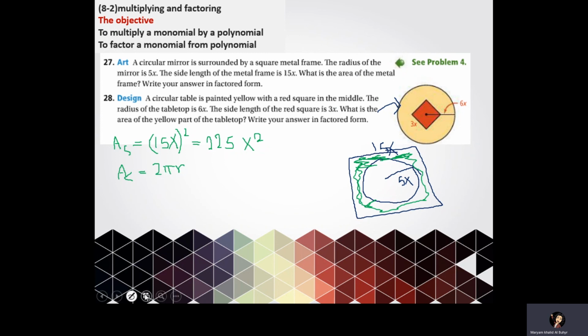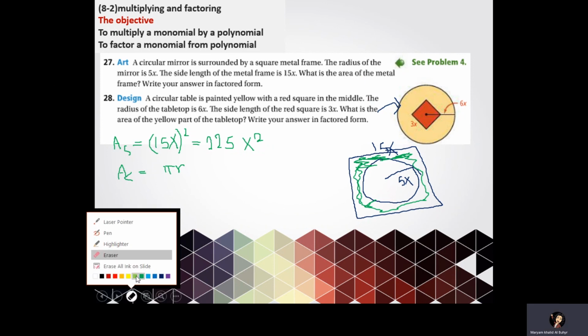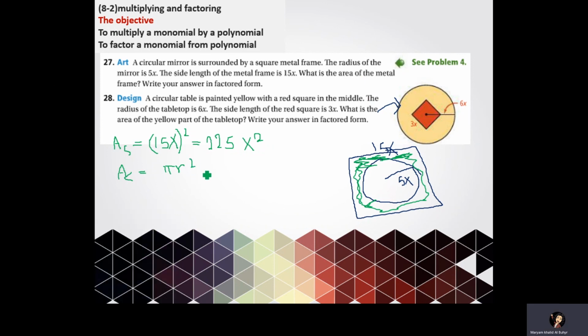Sorry, not 2 pi r, pi r squared. So that is pi times 5x, all to the power 2, which equals pi 25 x to the power 2.